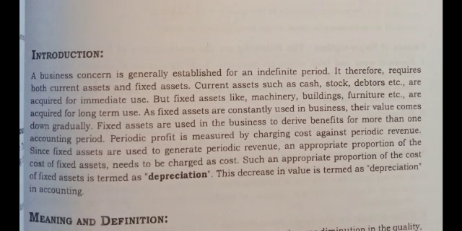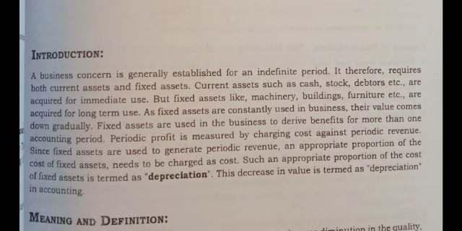Such an appropriate portion of the cost of fixed assets is termed as depreciation. So this is the statement we have taken under this heading. So depreciation means a decrease in the value of an asset like fixed assets. This decrease in value is termed as depreciation in accounting.